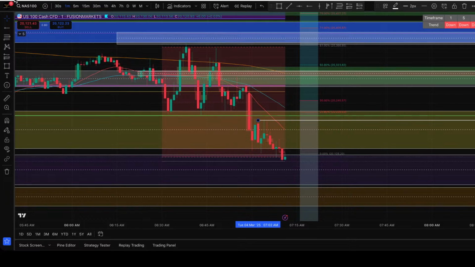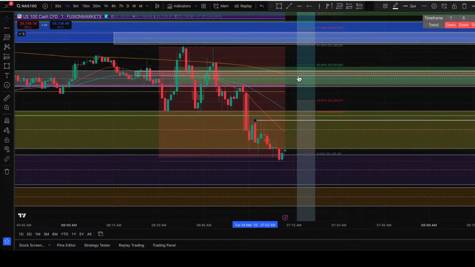If I'm not mistaken, I believe today is also when some of Trump's tariffs come into play. So we're getting a liquidity void right there.